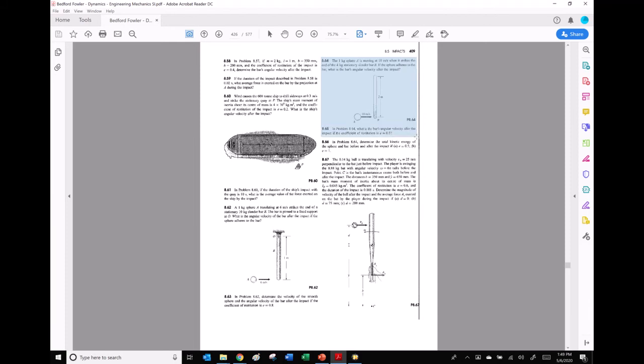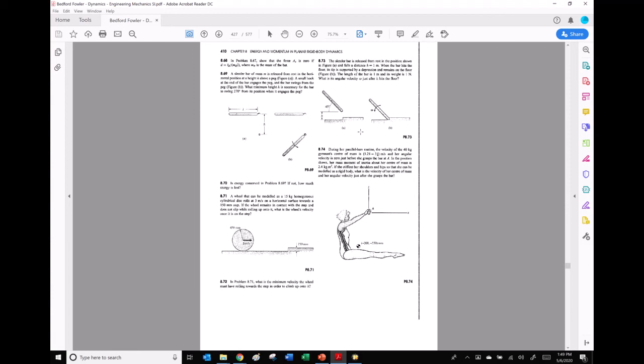Okay, well, you got a coefficient of restitution right here. Ooh, and now you want to know the total kinetic energy of the sphere and ball after the impact here. Those are all good things to know. But I don't want to spend too much time on any particular problem. But I kind of like that one a little bit.